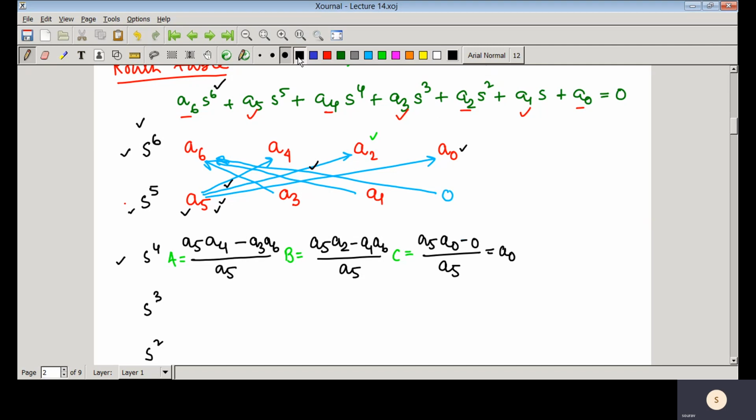The next row starts with this A term. Now multiply with this and then with that, divided by this term.